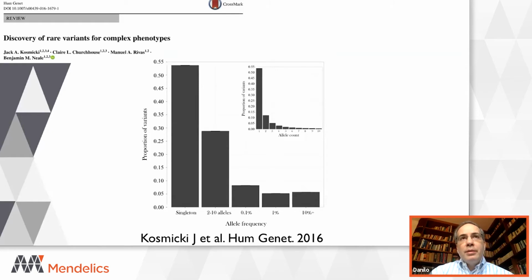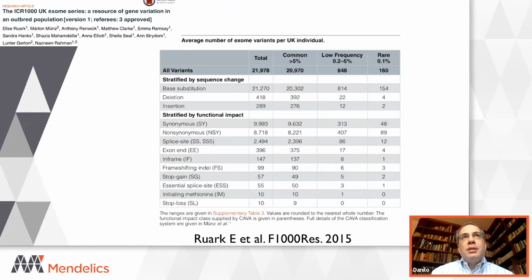They are very rare. And these are the most important variants for us in terms of medical genetics. If I study the exome of just one person, to give you an idea, we'll find about 22,000 variants. And most of these variants for this individual will be common.